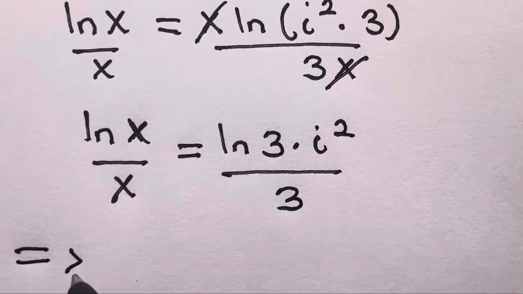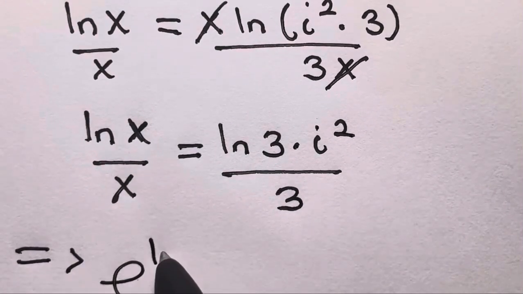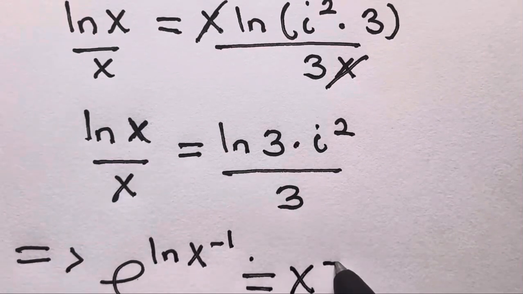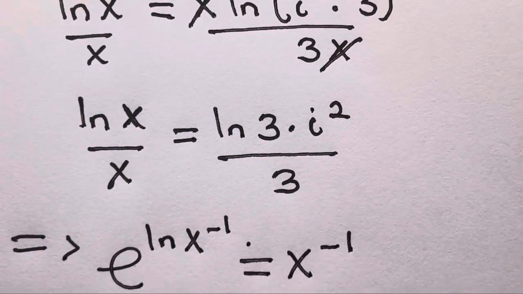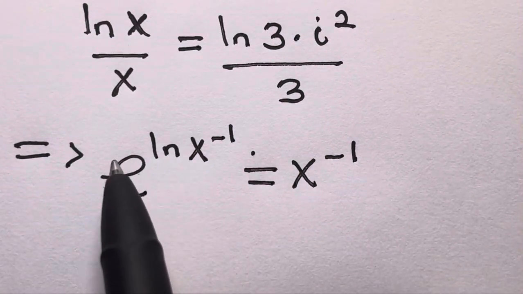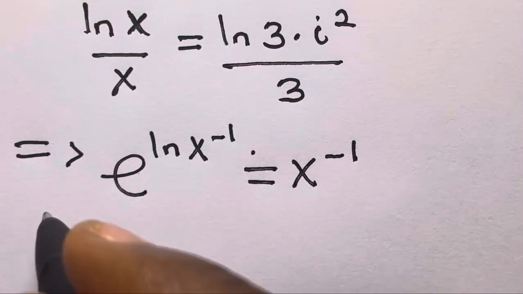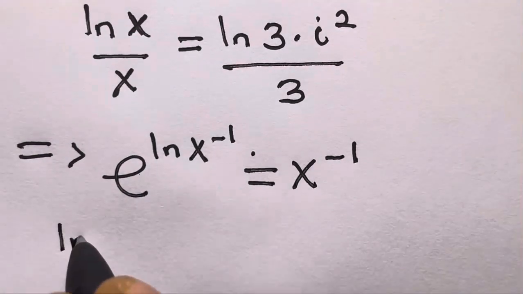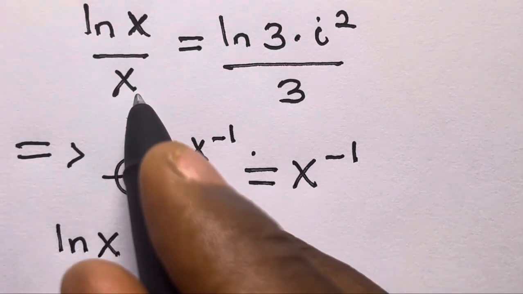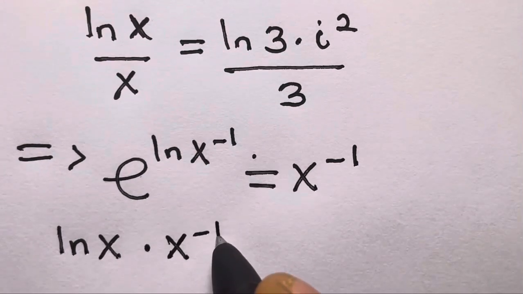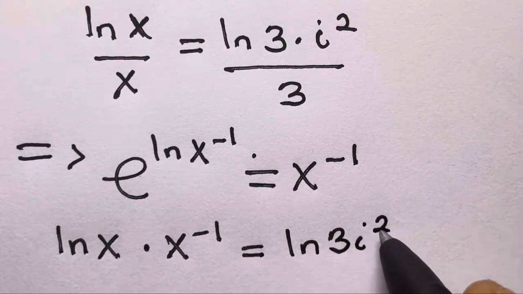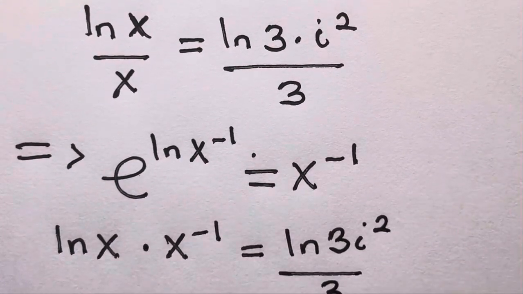But let's recall that if we have exponential ln x raised to the power minus 1, this equals x raised to the power minus 1. So because this is exponential, we can do this ln, so we can have our x replaced with this, so this will become ln x times x raised to the power minus 1 equals ln 3i squared divided by 3.